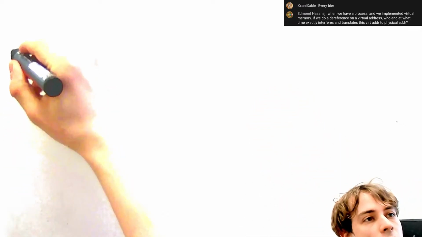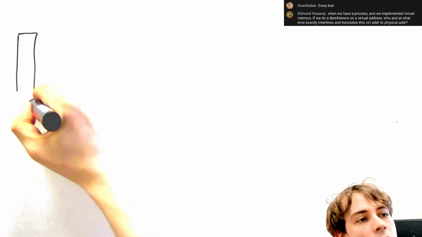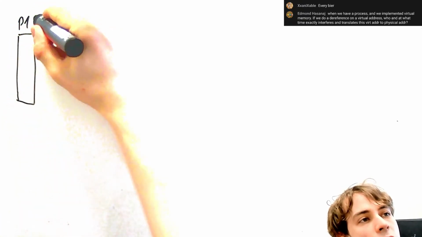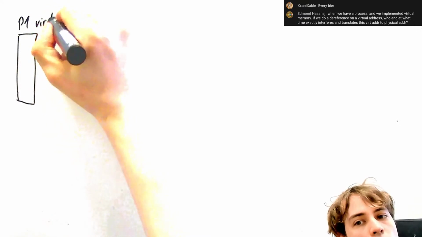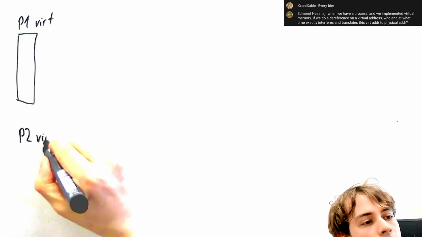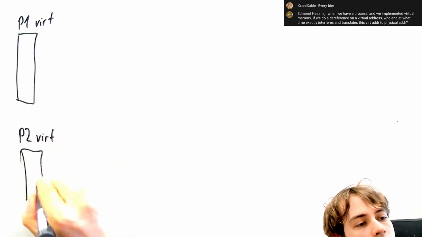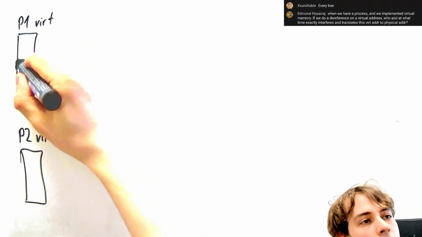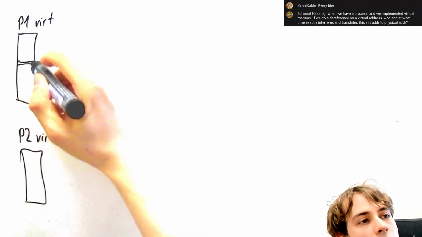Okay, let's do this translation for 2 addresses, 2 processes. So you would have 2 processes, and they have their own virtual memory, process 1 and process 2 virtual memory. Okay, and you have one address maybe here in the lower half.